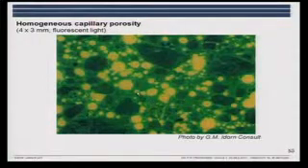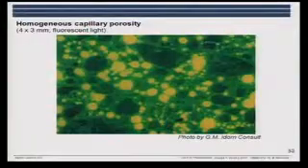The intensity of the green color gives us information on the capillary porosity. These are the air-entrained voids to give frost resistance, and it's also quite well distributed. We want these distributed so the water and the ice can move into them when the concrete is subjected to freezing.